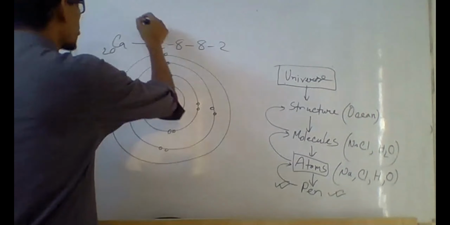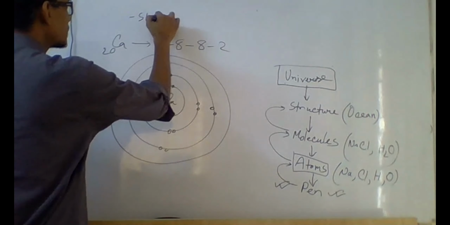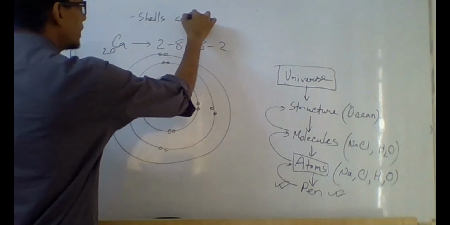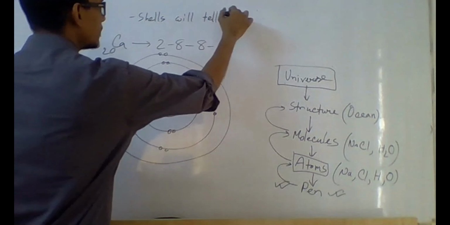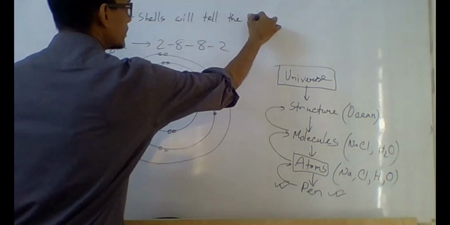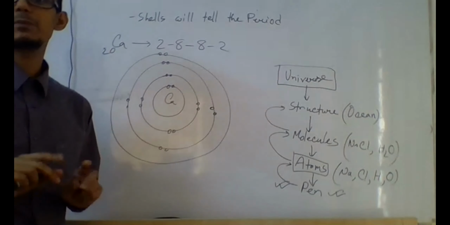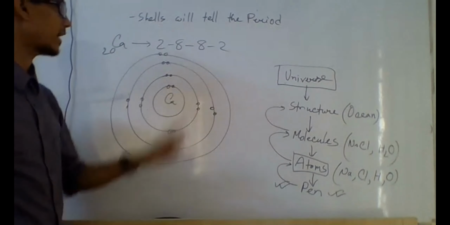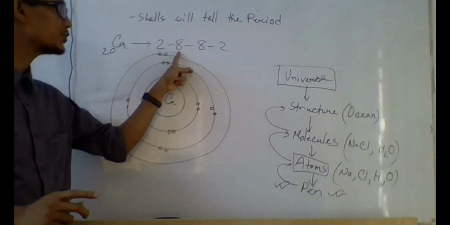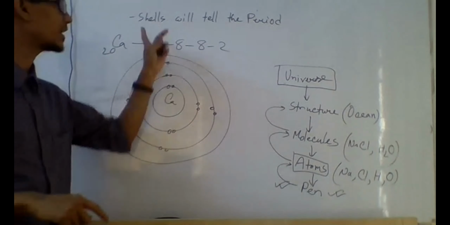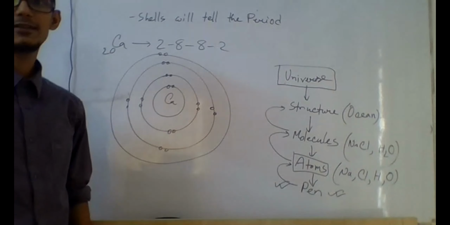These shells will tell the period. In which period a particular element belongs, shells will tell you. How many shells? 1, 2, 3, 4 shells. So shells will tell you the period number, right?